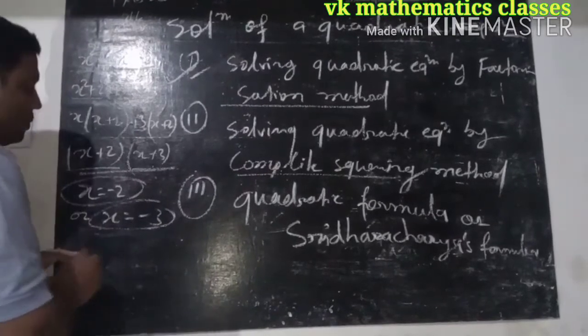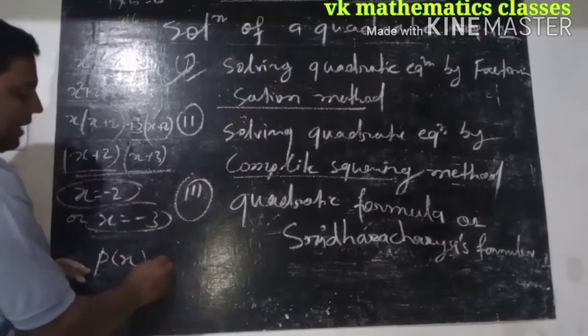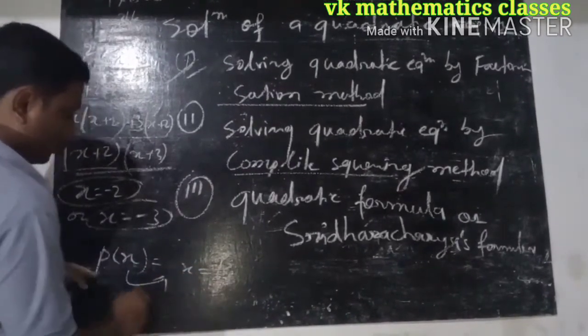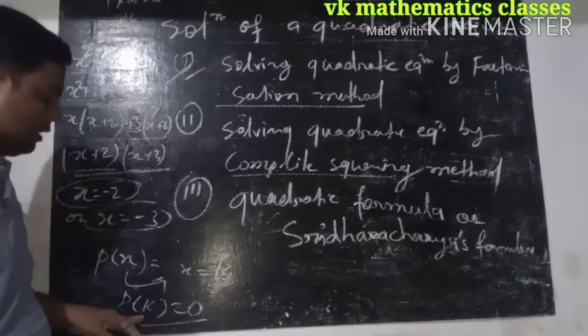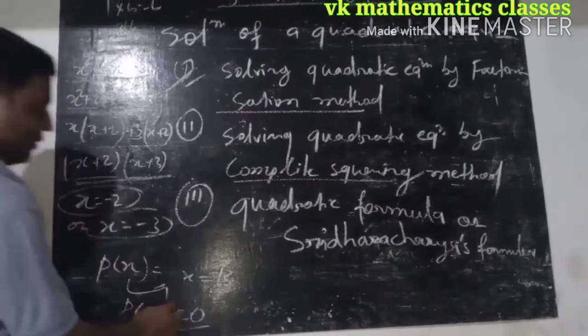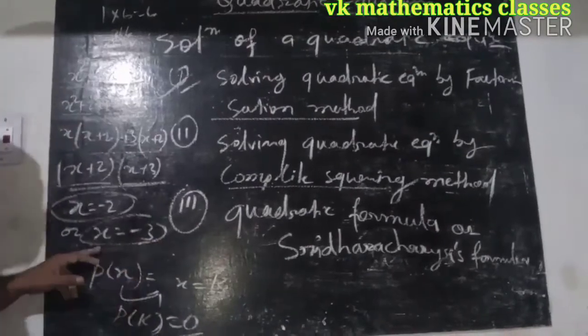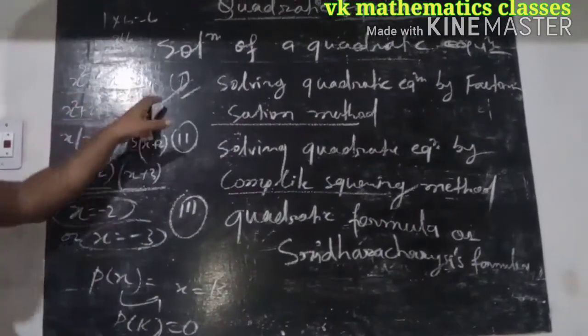In class 9 we discussed that if p(x) is a polynomial and we replace x with k, and p(k) is equal to 0, then k is known as the root or solution of this equation. So here x equal to minus 2 and x equal to minus 3 are the two roots or solutions of the quadratic equation x square plus 5x plus 6.